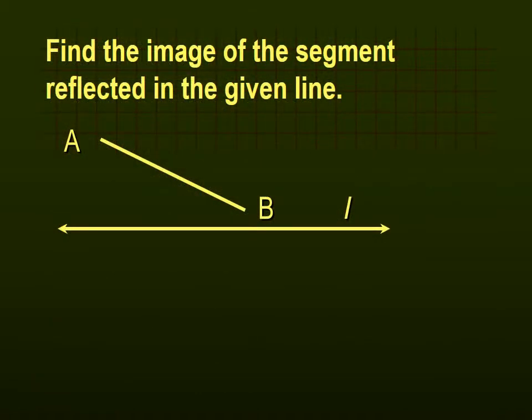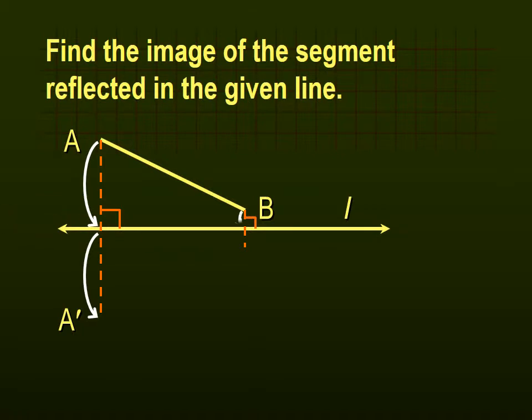Well, here's point A, and here's L. Point A is not on L, which means that line L has to be the perpendicular bisector between A and A prime. So we'll make a perpendicular bisector, and that will give us A prime. Notice that L is bisecting that segment.